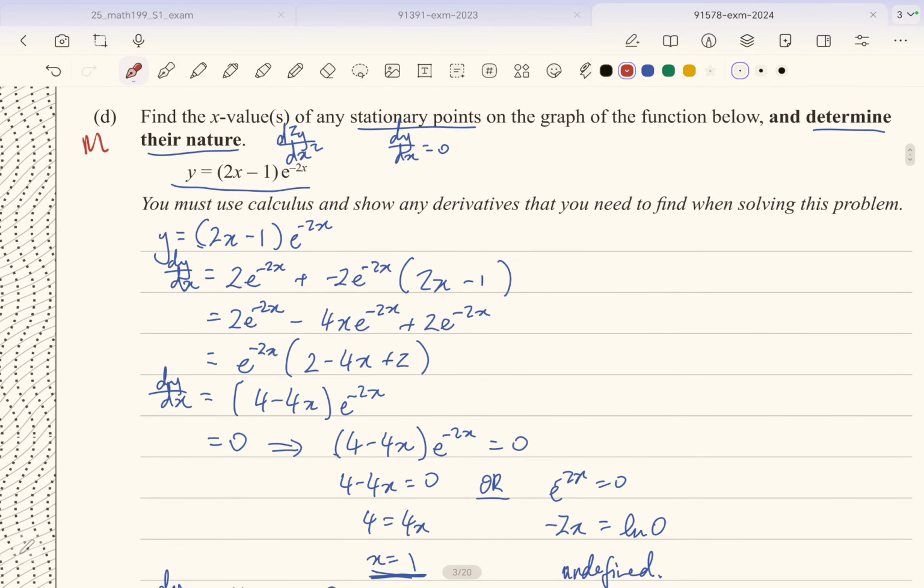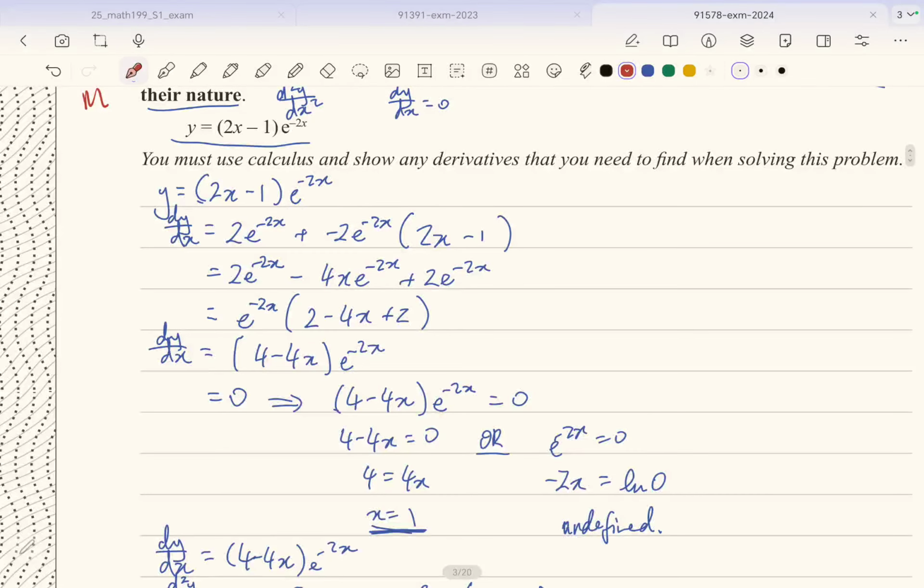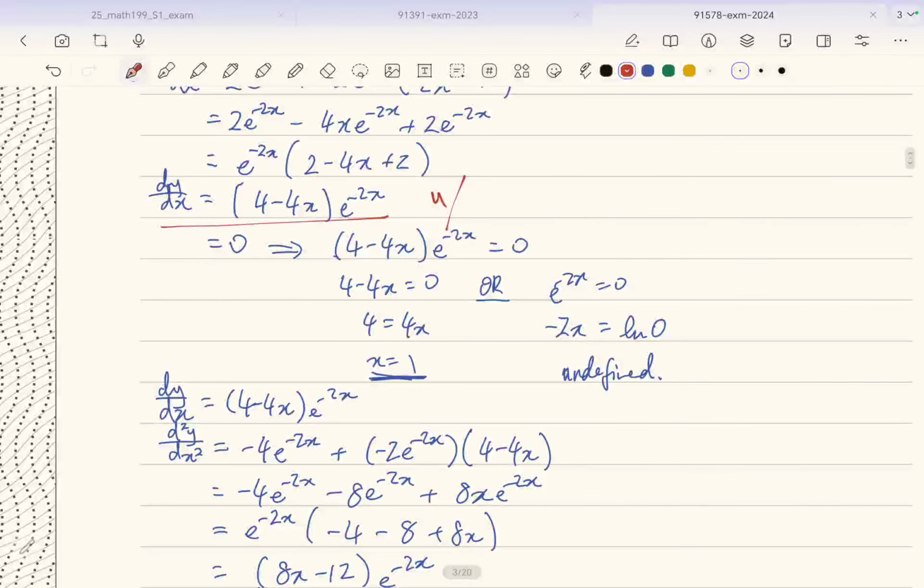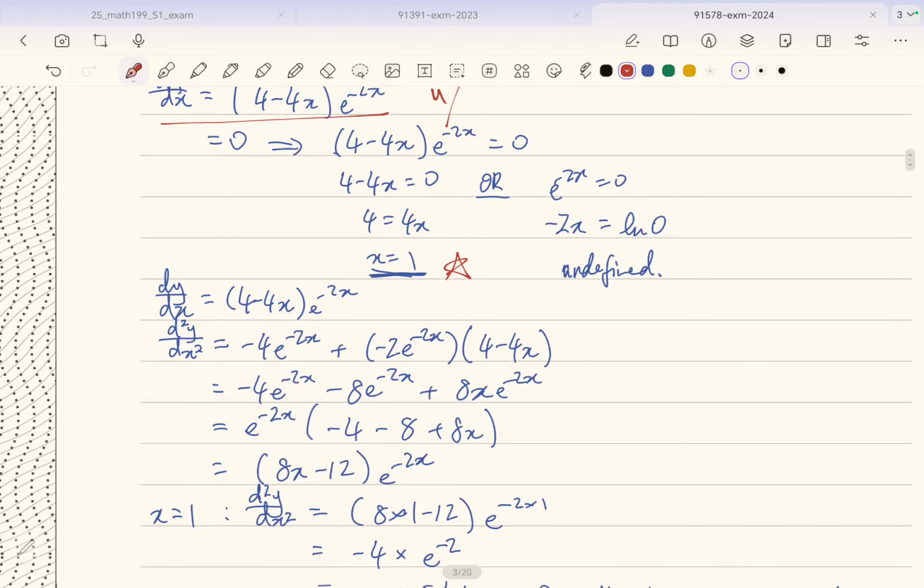Part D is also a merit level question. The achieved mark comes from correctly expressing dy by dx, which is this right here, or equivalent. So that would be your U mark. For the merit mark, you need to find x equals 1, so here, and you need to justify that it's a maximum using calculus methods and with evidence of derivative.